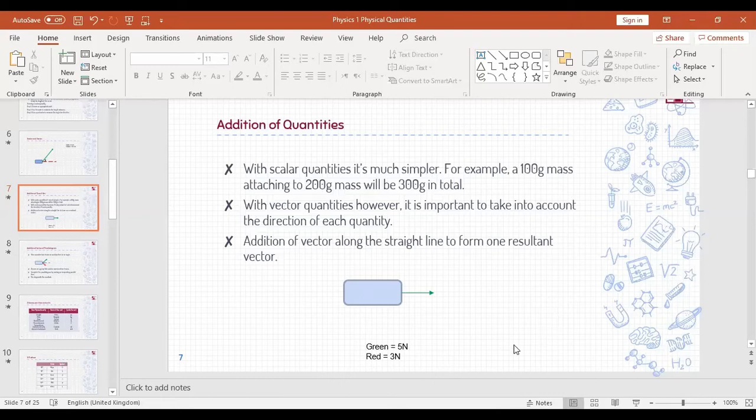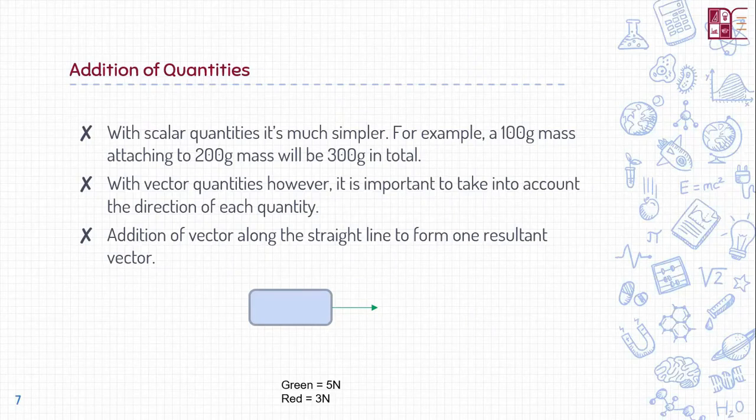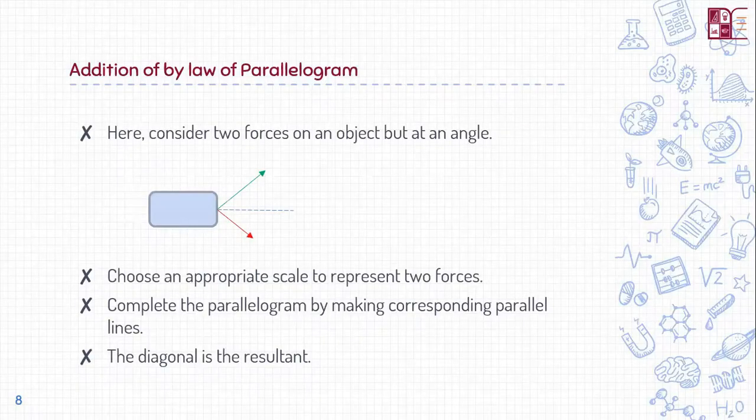Now, let's assume that these forces that are acting on a body are not in a straight line. So for that, we have the addition by the law of parallelogram. Now you have to consider that there are two different forces acting on an object, and now both of these are at an angle. Now first you have to choose an appropriate scale for the two forces, and that is going to be the first step across the board for any vector diagram.